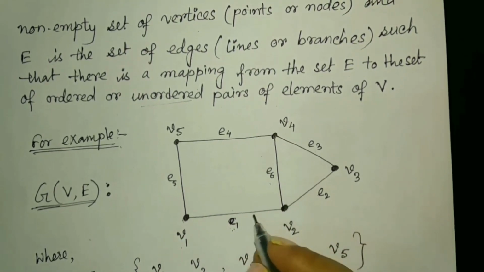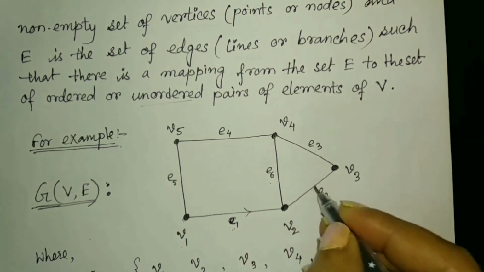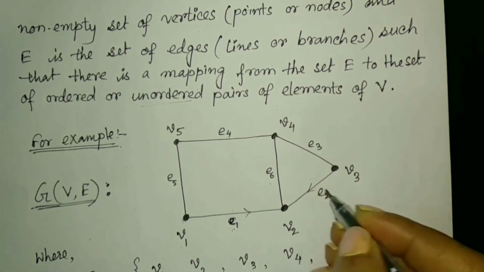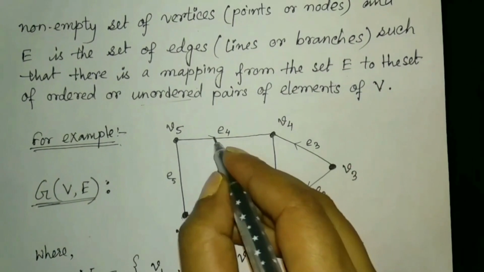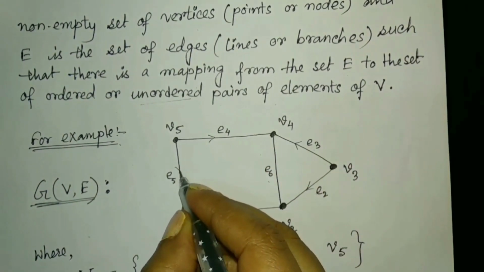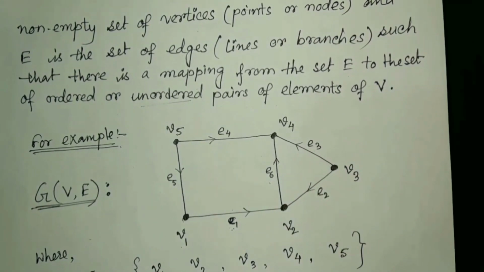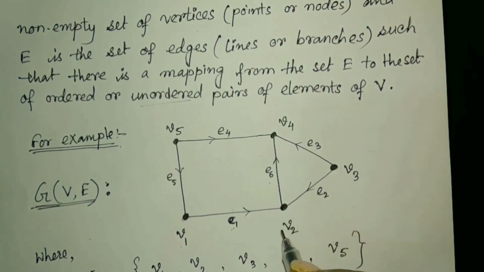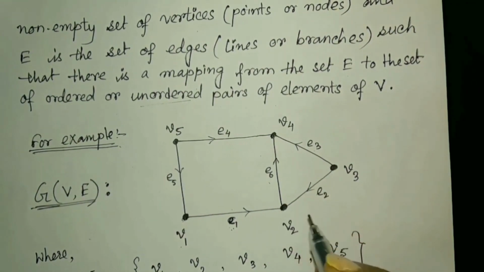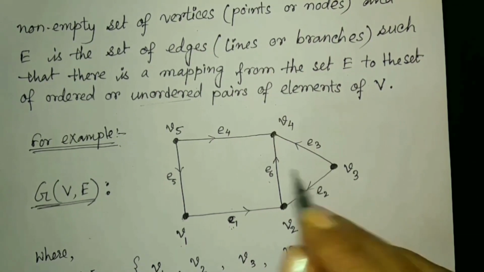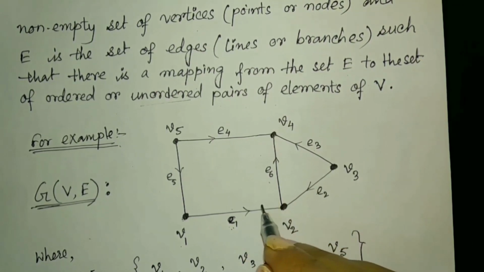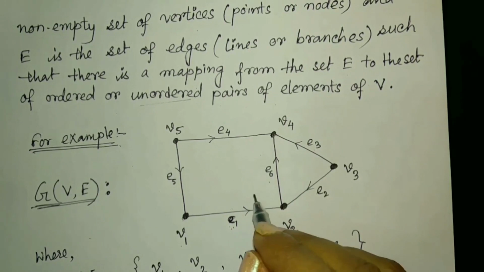If in this graph some particular directions are provided, then this is called a directed graph. So undirected graph means no particular direction is provided to the edges, and if particular directions are provided to the edges, then it is called a directed graph.